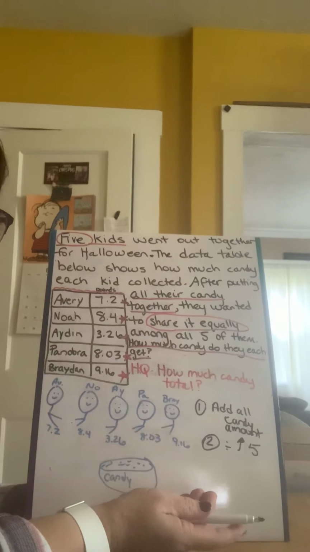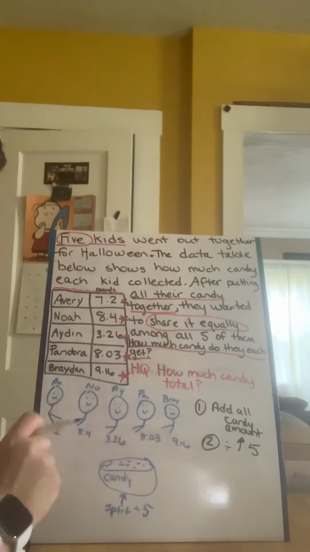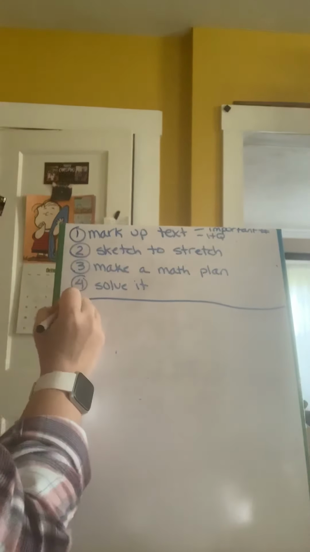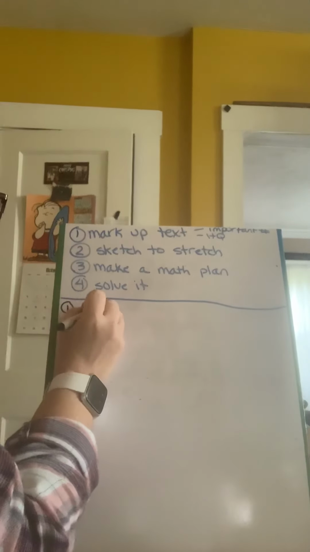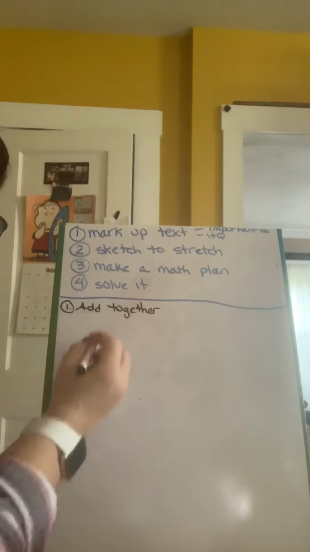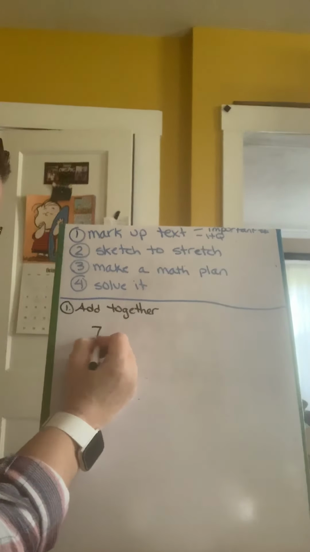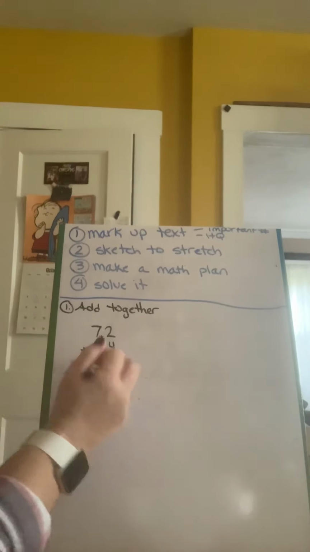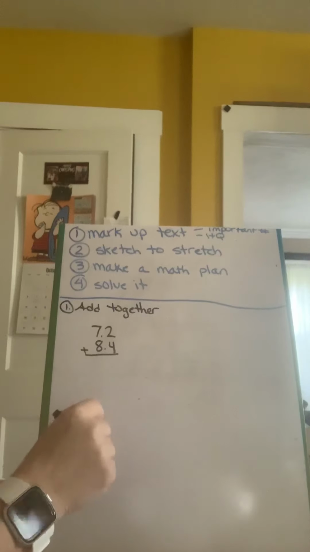Great, let's do it. Let's go through our plan. And I'm going to turn to the other side so we have more space. So our first plan was to add them all together. So we had 7.2, 8.4. And I'm a big fan of adding just 2 numbers at a time.